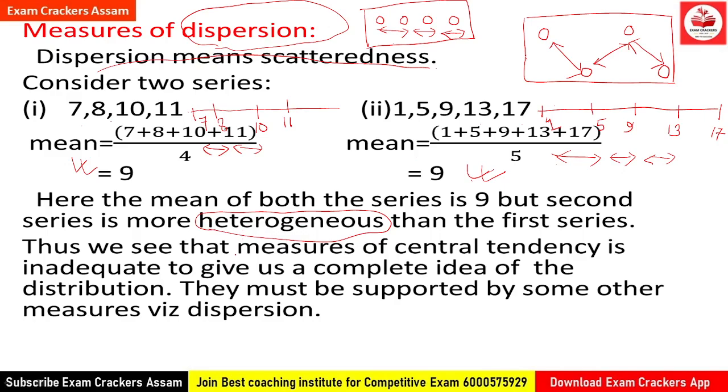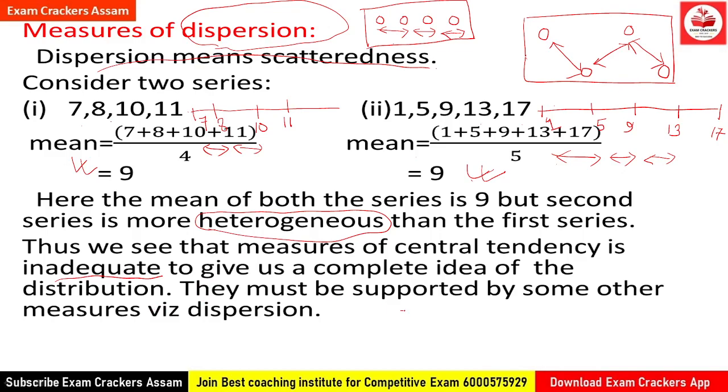Okay, the first series is more homogeneous than the second series. Since we plotted the real line, we saw that yes, it is true. Thus we see that measures of central tendency are inadequate to give us a complete idea of the distribution. So measures of central tendency alone are not enough to describe any data set.